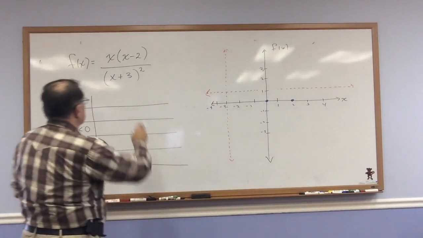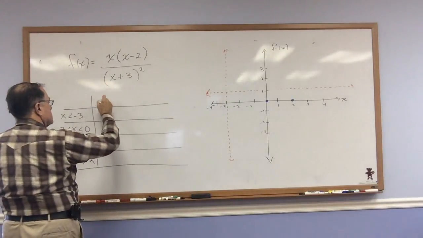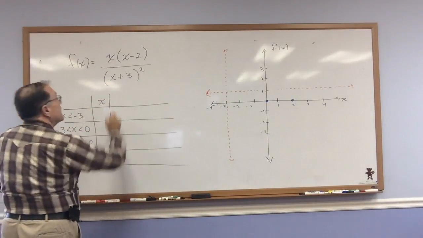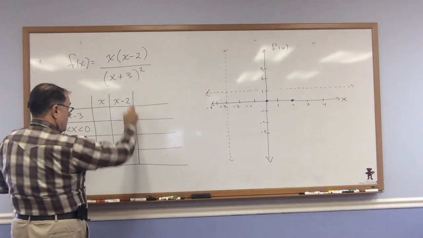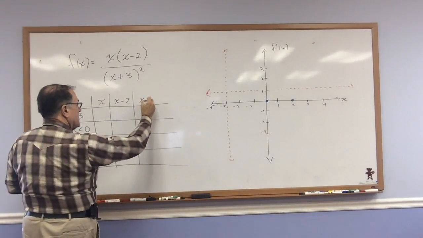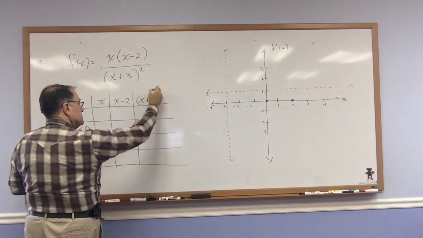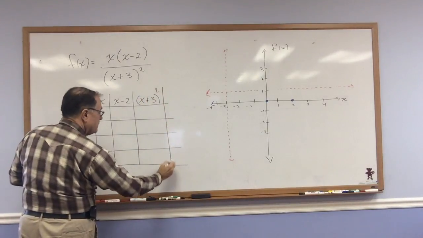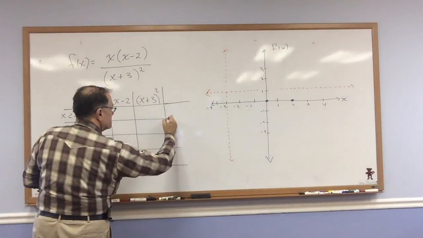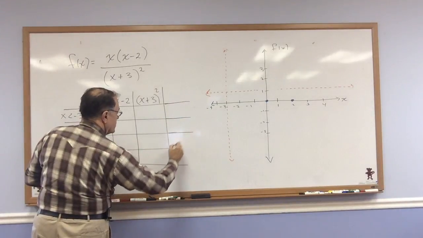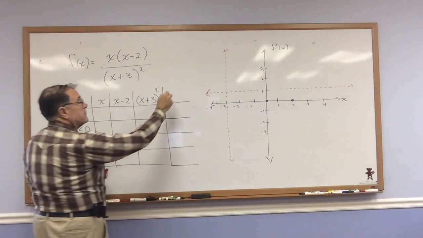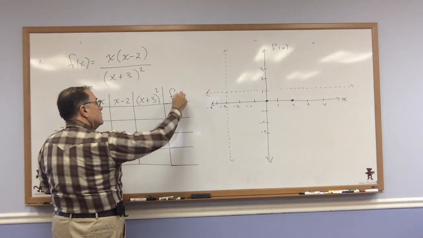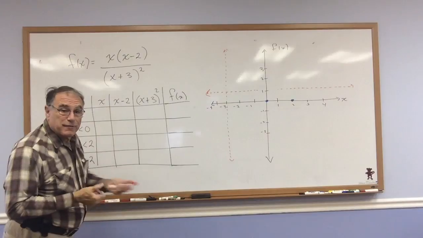And for our factors, I've got a factor of x, a factor of x minus 2, 2 factors of x plus 3, and so I've listed my factors. Now I will determine whether the function is positive or negative along each of these intervals.